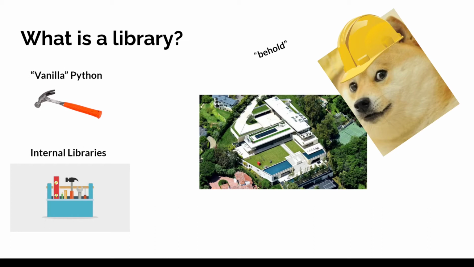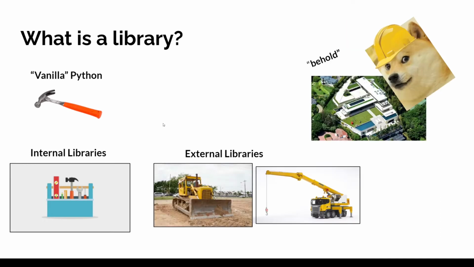We need something more than just our little toolbox. That's when we start to think about external libraries. So external libraries are these much more powerful and advanced tools that can allow us to accomplish far more with our code than we can with just internal libraries or vanilla Python.